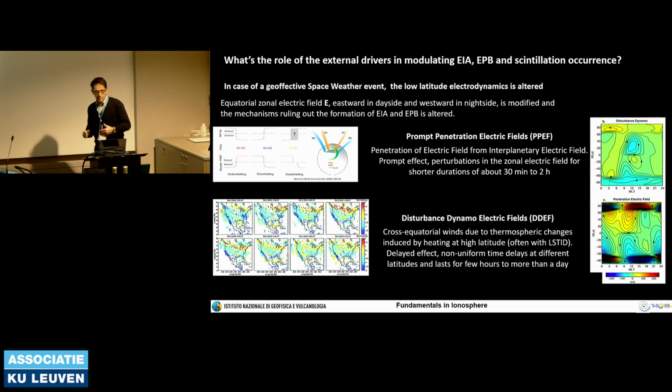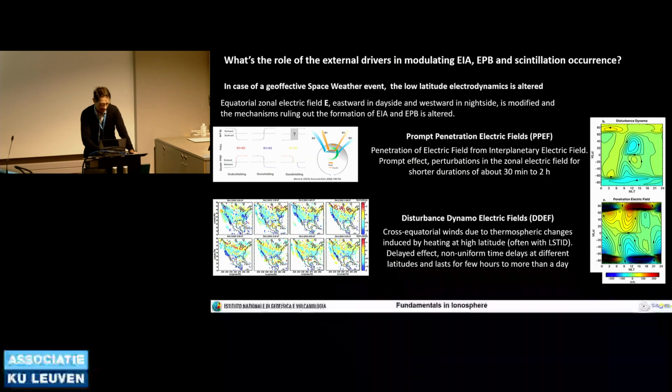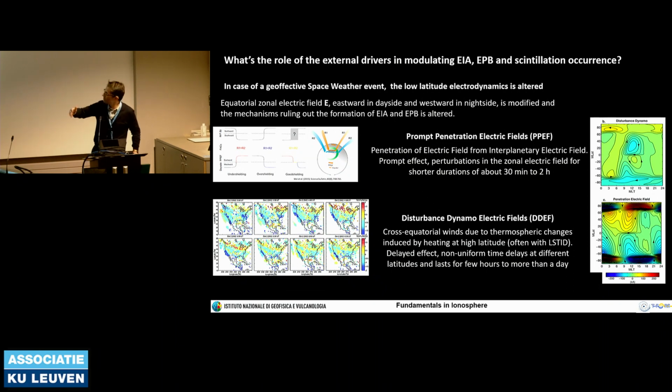Then the ionosphere at high latitude starts to heat up because there is particle precipitation that creates particle heating, Joule heating, so winds start to move, as you may see here, so traveling ionospheric disturbances. Trans-equatorial winds start to move and affect the electrodynamics of the low-latitude ionosphere, creating a delayed effect, which is called the disturbance dynamo electric field.